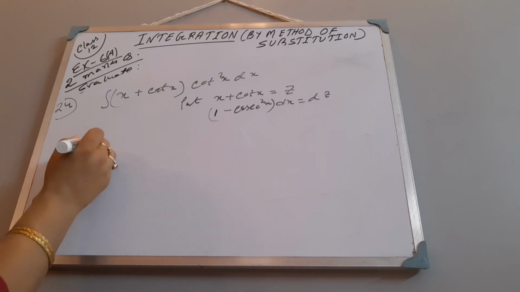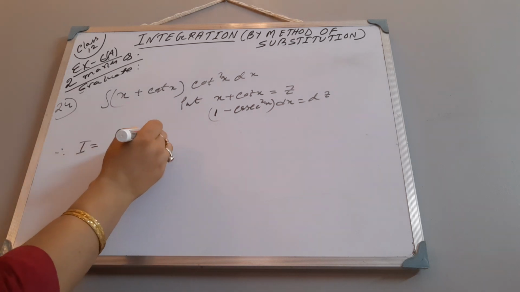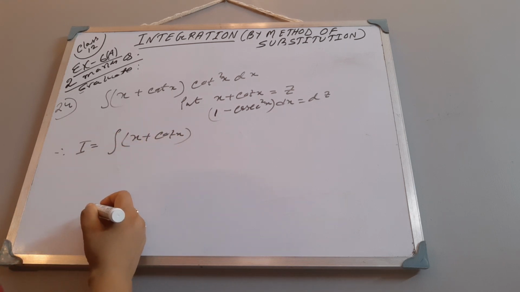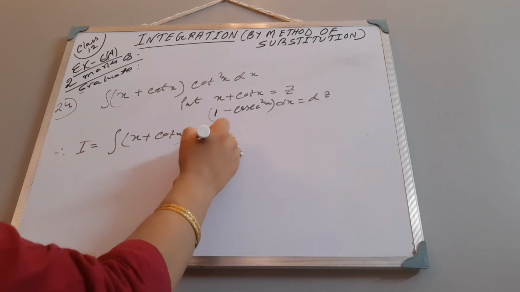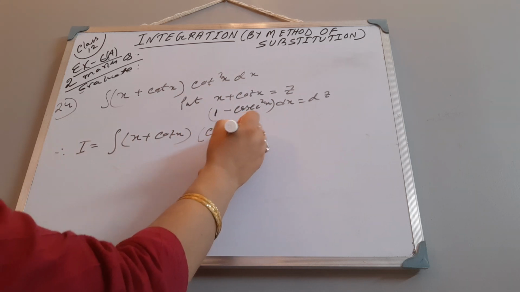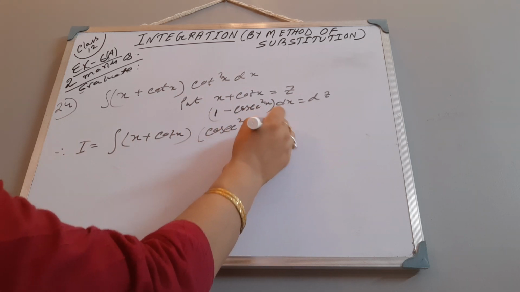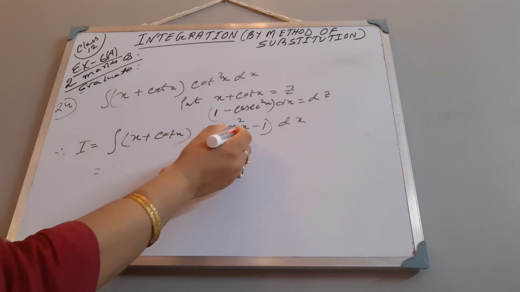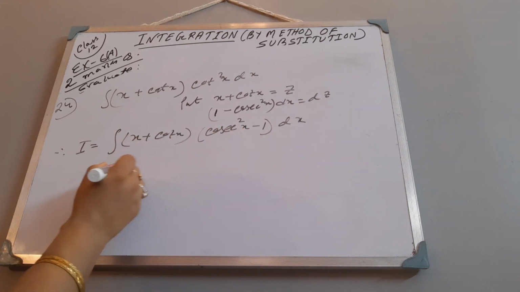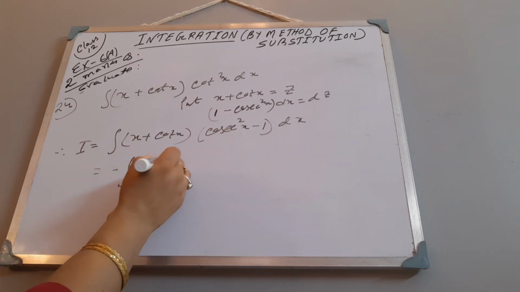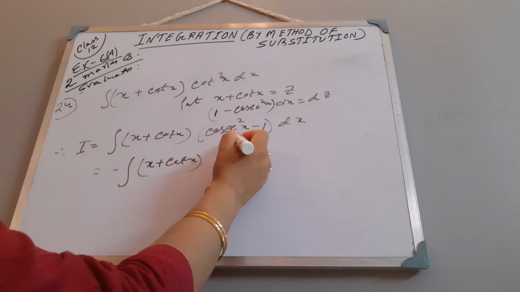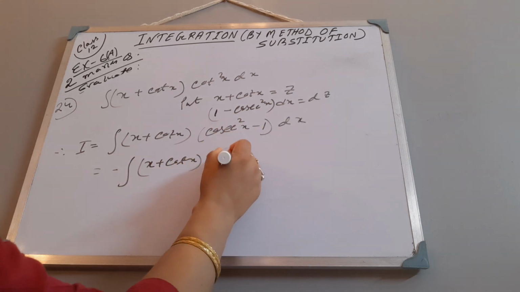Therefore I is equal to (x plus cot x), write the same form, and instead of cot square x we will write cosec square x minus 1. Take common minus, then minus outside the integral, so it is coming (x plus cot x) and (1 minus cosec square x) dx is equal to dz directly.